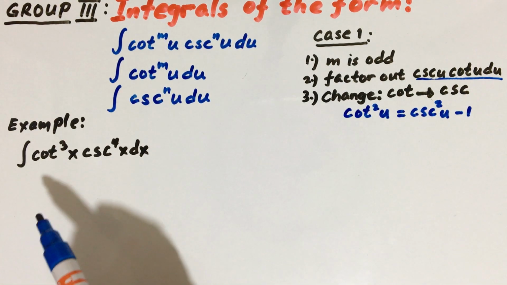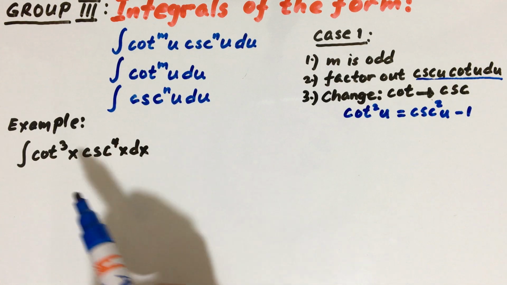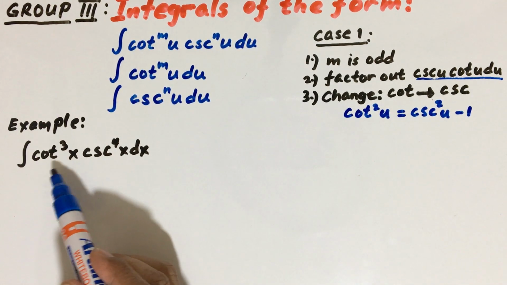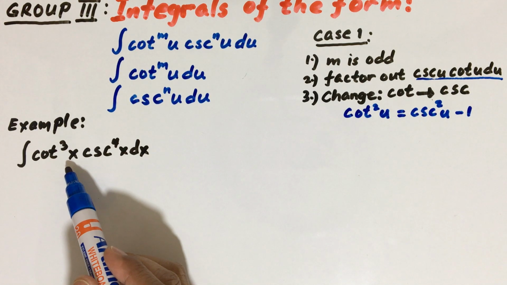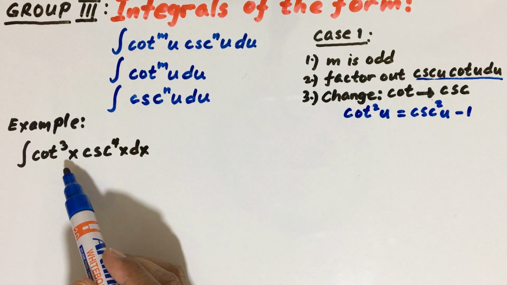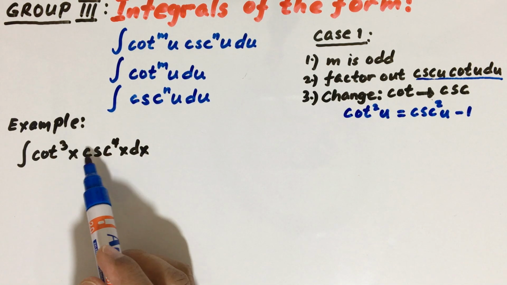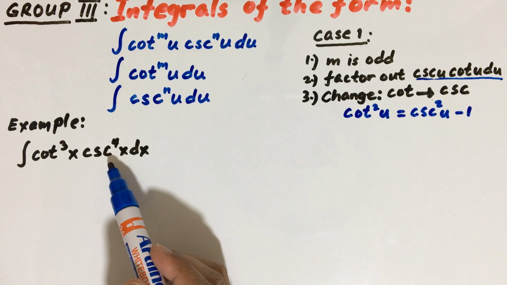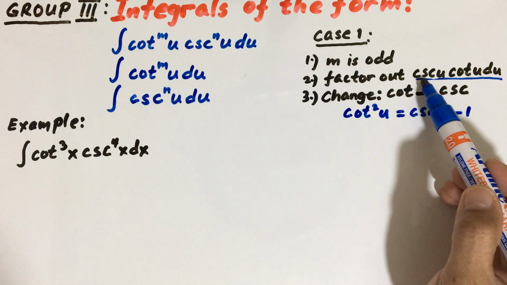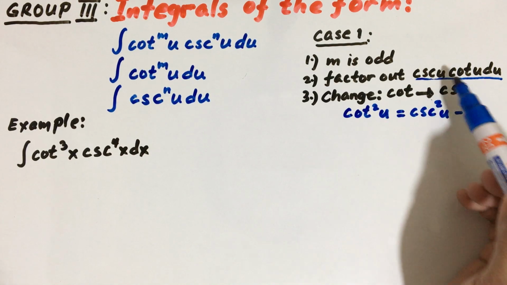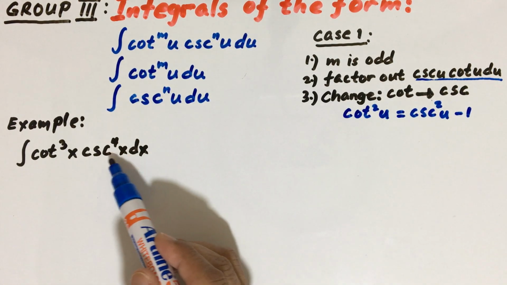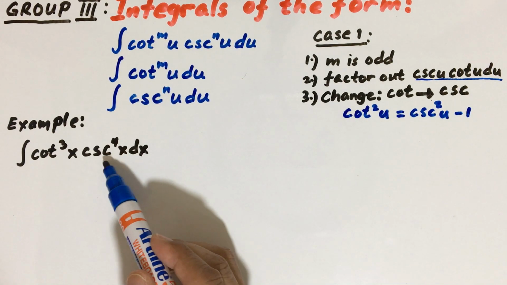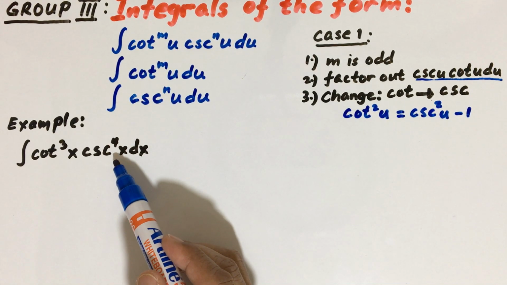So what we are going to do is to express this cotangent cubed x into two factors, so that we can get the cotangent of x, and do the same with the cosecant so that we can get the cosecant x.